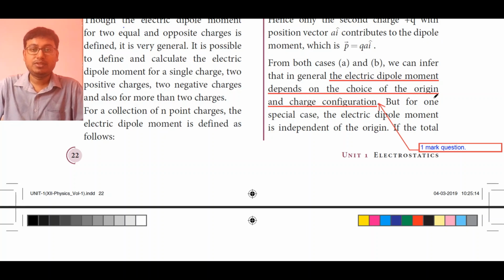It may become positive to negative or negative to positive by changing the orientation of the axis. About orientation of axis, you might have studied in physics standard 11th volume 1 in second unit. If you haven't, please go to that book. Fine, so this is the end of today's class.